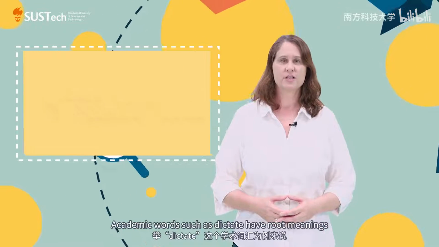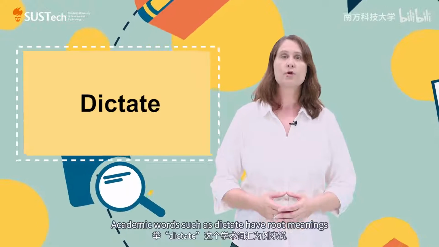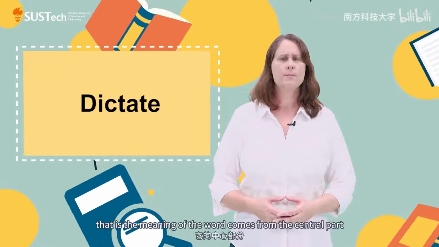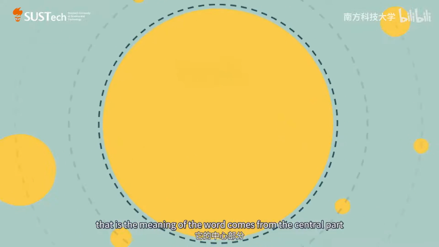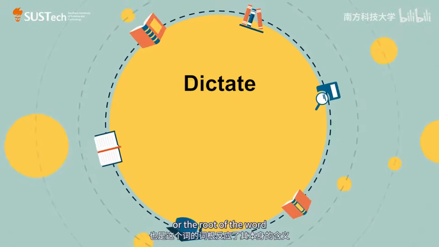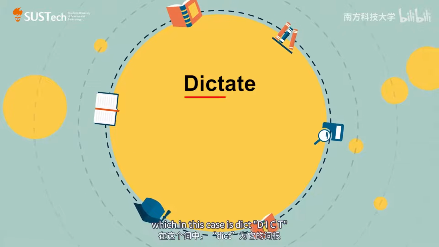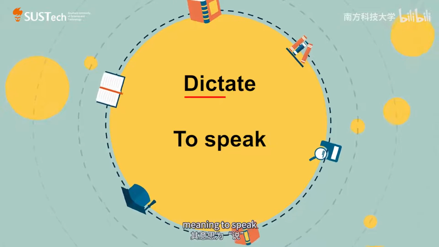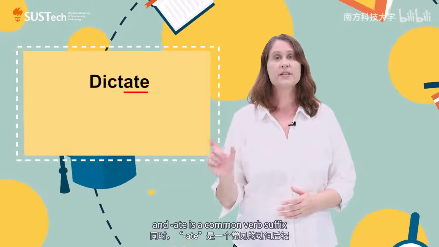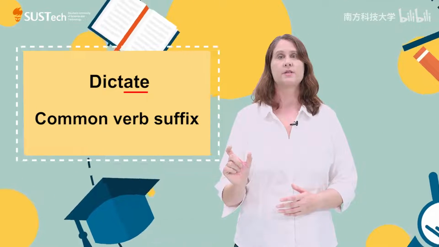Academic words such as dictate have root meanings. That is, the meaning of the word comes from the central part of, or the root of the word, which in this case is dict, D-I-C-T, meaning to speak. And ate is the common verb suffix.